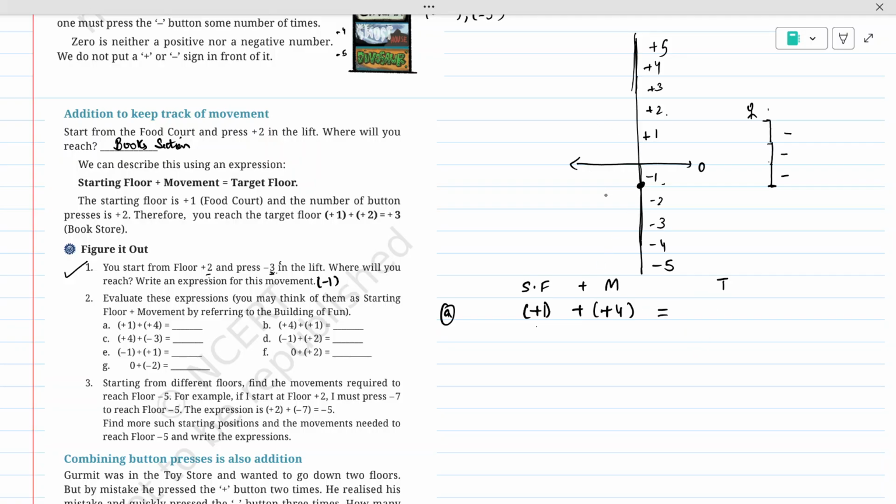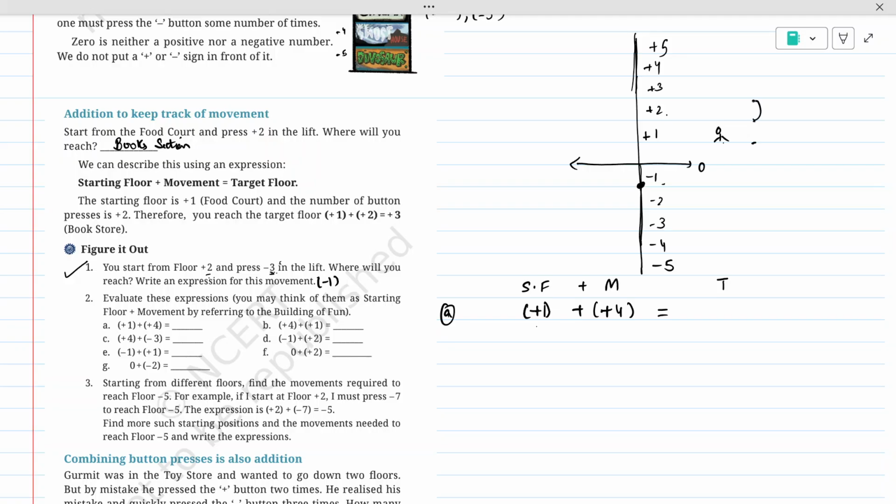Okay, so let us take the help of this lift example. Wait, I'm just removing this part first, and now let's do it. It says I am already present at +1. This is my starting point, and I am making +4, meaning 4 times I am pressing plus. I am here already.